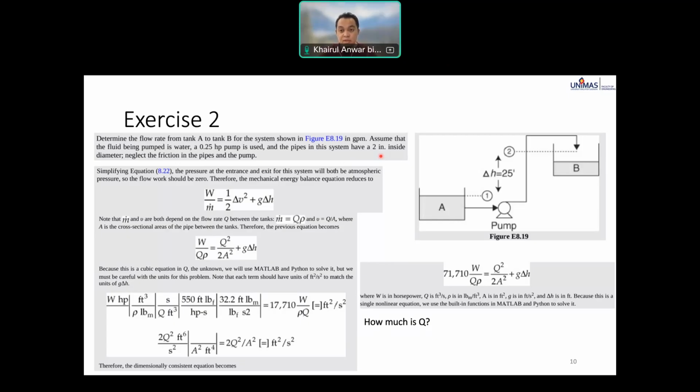Multiply with delta H, which is 25. So the terms are Q squared and Q. If you simplify it, you can just solve it using a calculator.